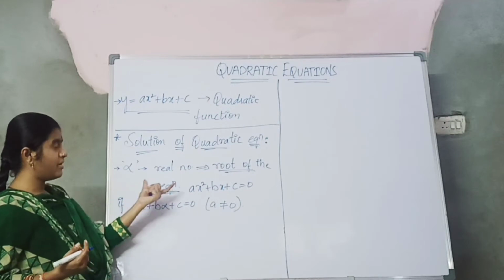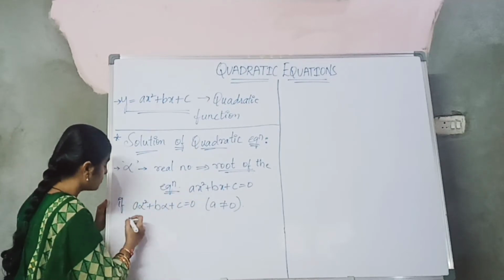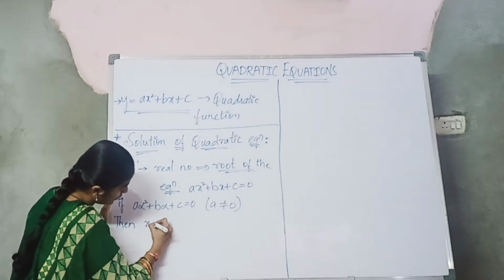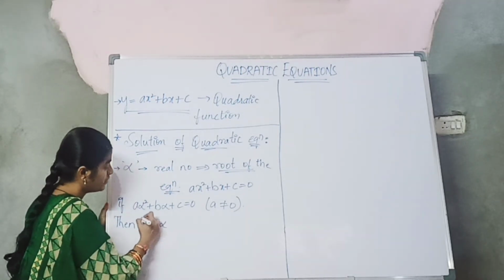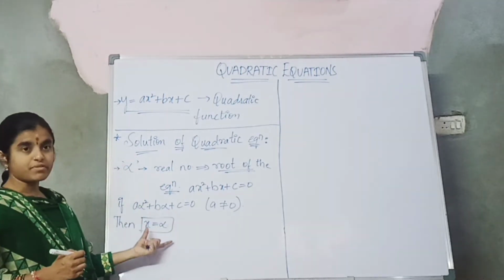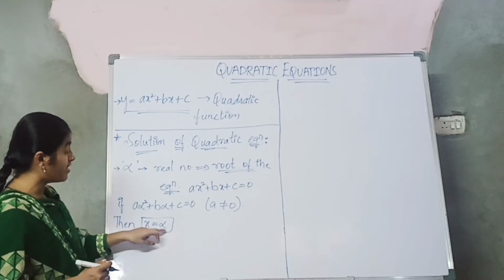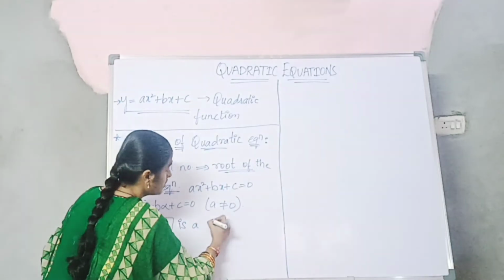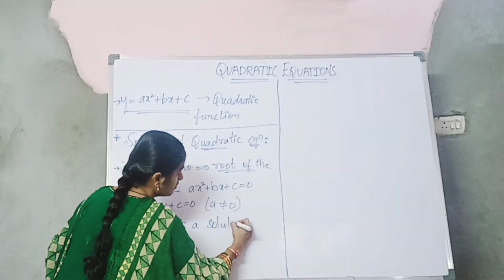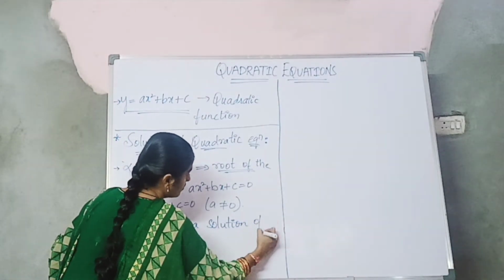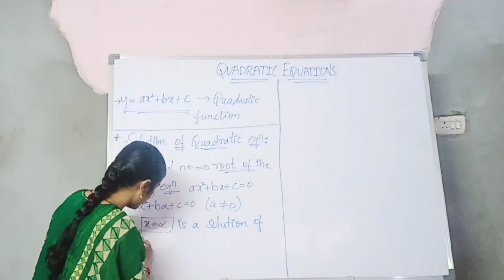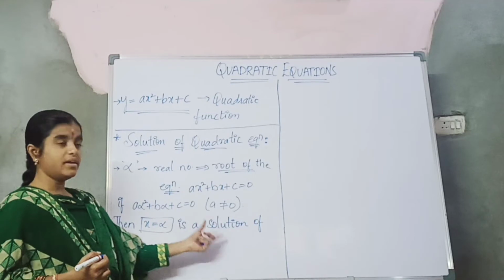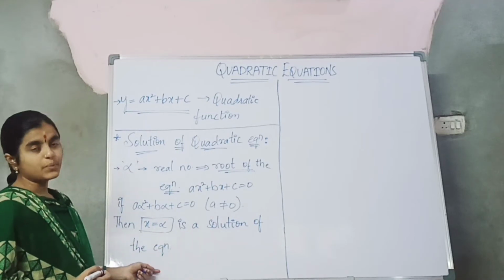So here alpha is the root of the equation. Then x equals to alpha, we have substituted alpha in the place of x. So x equals to alpha is the solution of the equation.